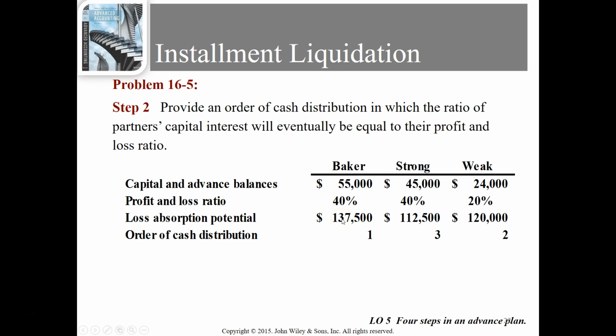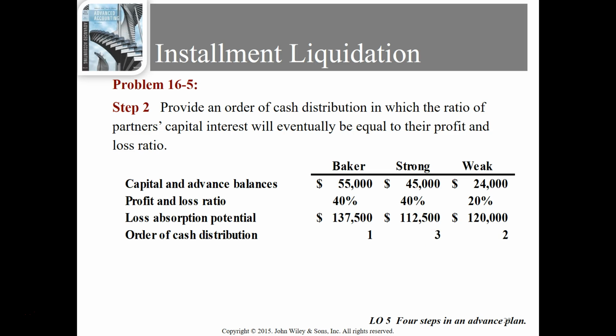That means as follows. The partnership as a whole can take $137,500 of losses before Baker is wiped out, making him the highest. Weak, in his case, the partnership can take on $120,000 of losses before he is wiped out.